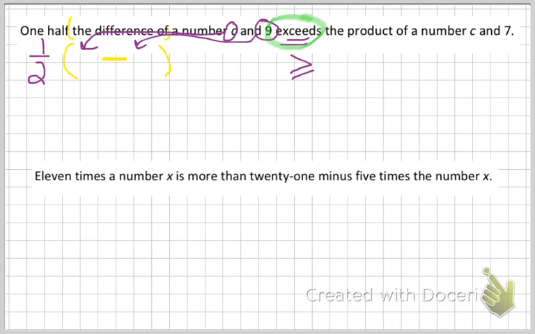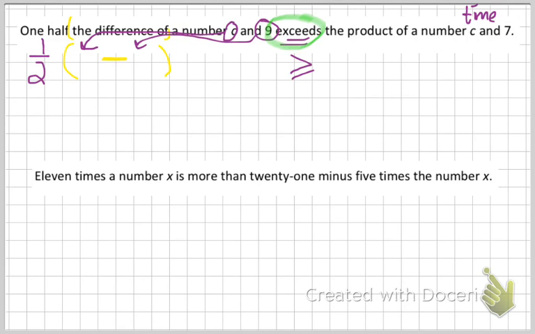We're going to multiply c times 7. So c times 7. Well, the proper way of writing c times 7 is 7c, the coefficient, and then the variable.